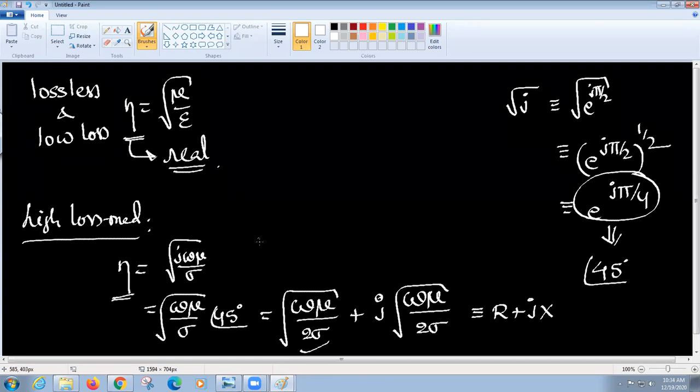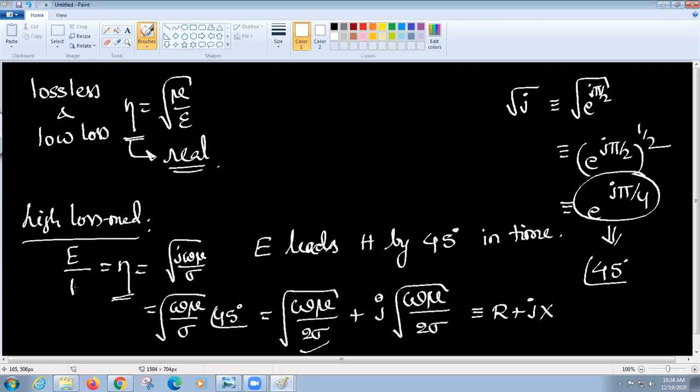Now you know the meaning of this. There is a 45 degree phase difference between E and H. E leads H by 45 degrees in time. Are you able to understand this? Because eta here is simply the ratio of these two.